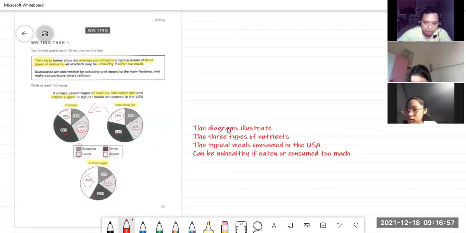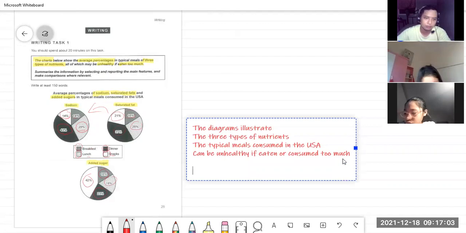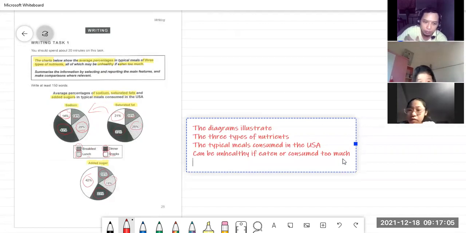Okay, so we already have four points in here. What else can we write? Who can give me one point? Can you tell me what are the typical types of food that they mention here? Because we already wrote the three types of nutrients.